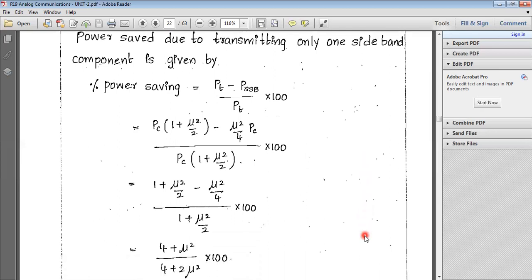After cancellation, PC cancels. Everyone must do the derivations. We get 1 plus mu square by 2 minus mu square by 4, divided by 1 plus mu square by 2, into 100.